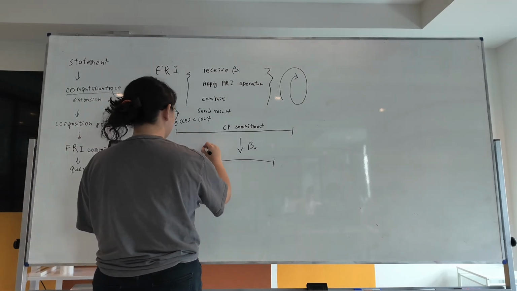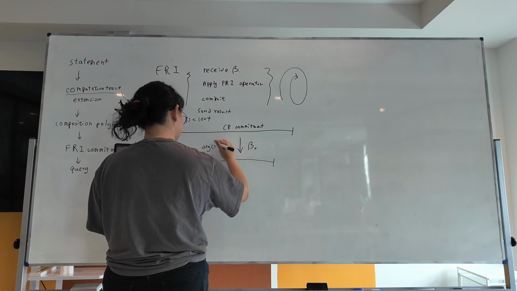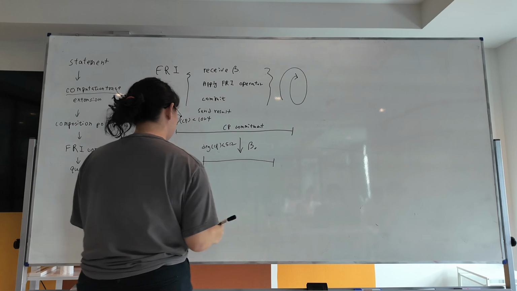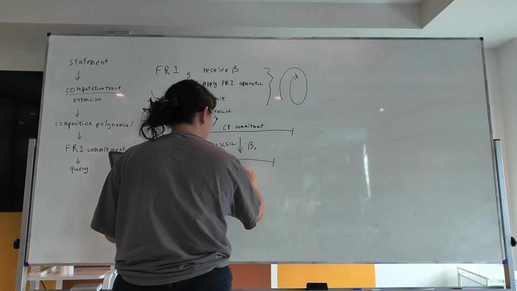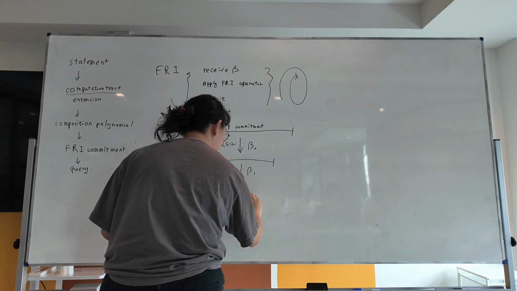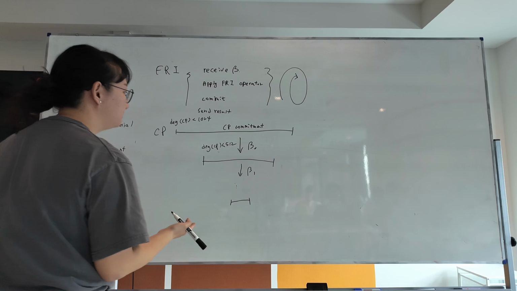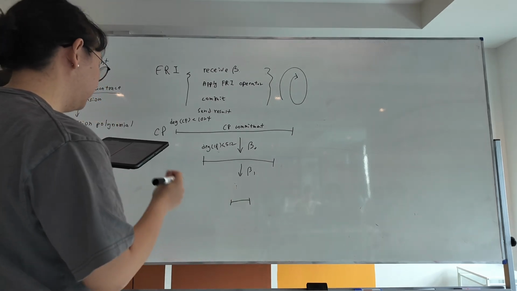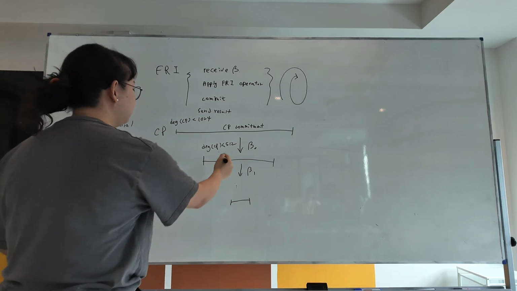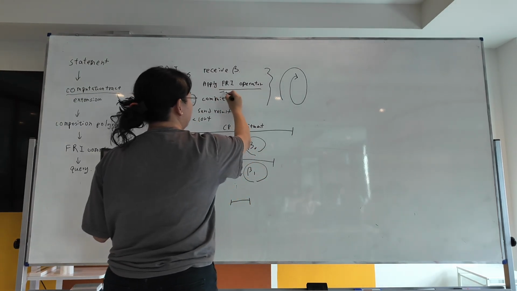And so we try to get the degree in half, and so on, until we get a constant size, or a size that we think is small enough for us to do the computation. And how this is done is what we call the FRI operator.